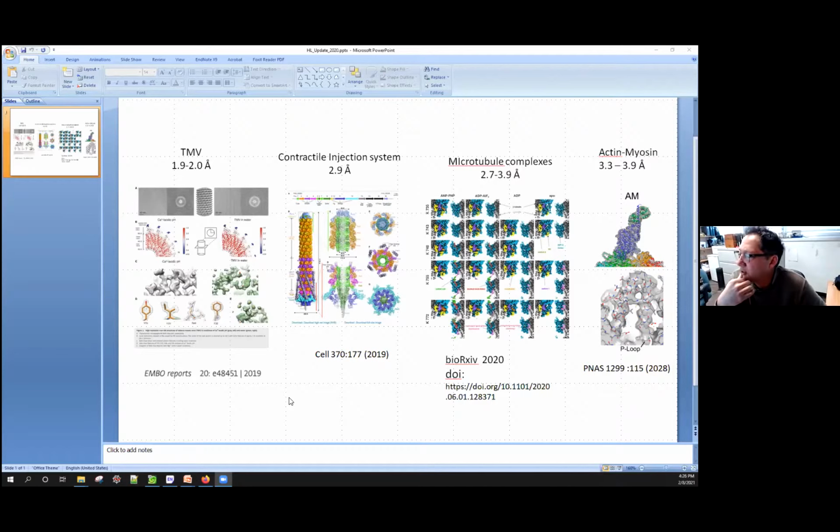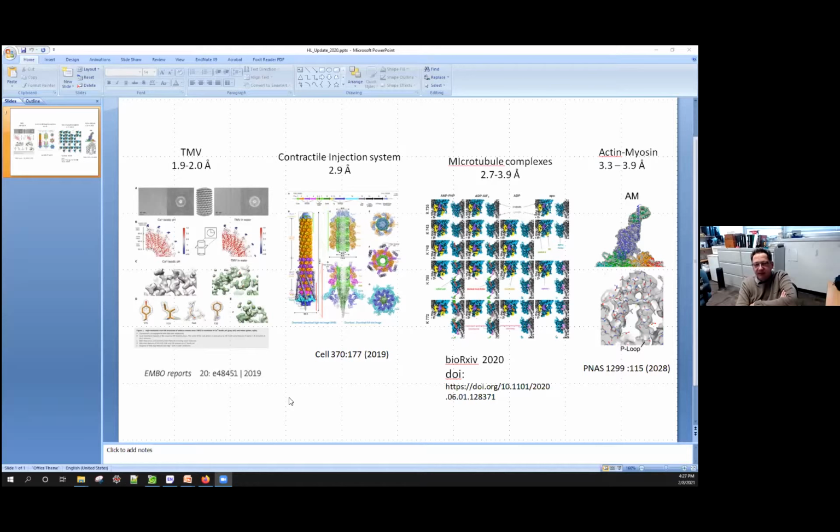So yes, in a helical specimen, your subunit can be very, very small. I think I have seen a comparable resolution with microtubule binding proteins that are probably 20 or 30 kilodaltons.